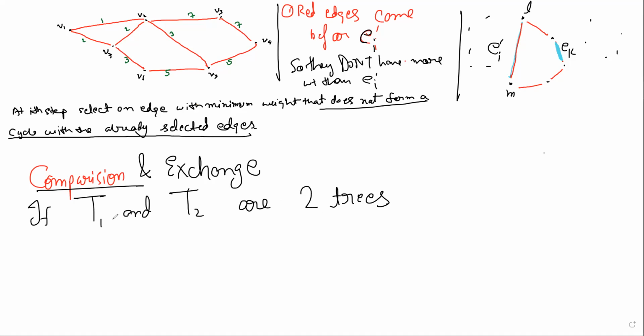A tree is like what? You have n vertices, right? And you have how many edges? You have n vertices, and you have n choose two. I think by now all of us know this, obviously. N choose two edges.